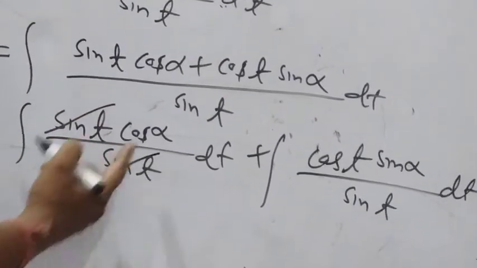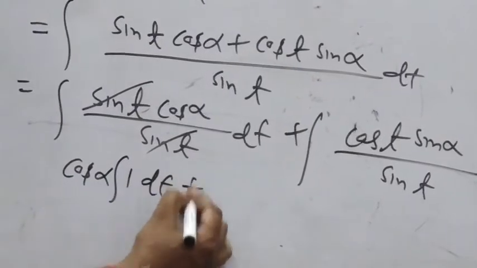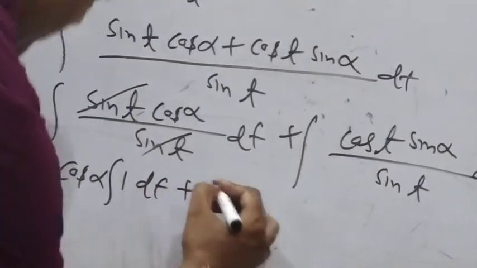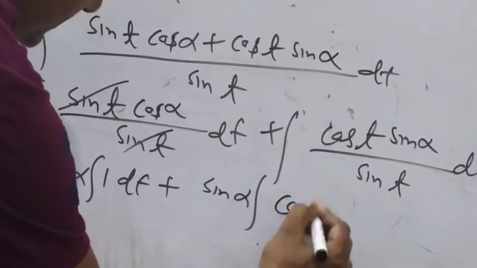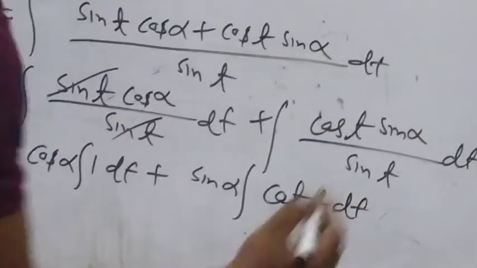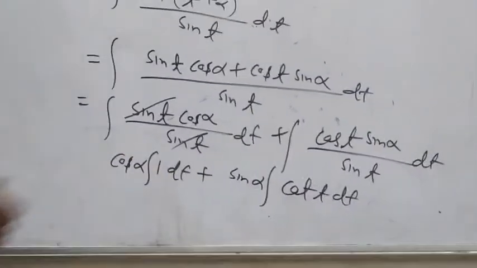Sin t cancels. Cos alpha is a constant, integral of 1 dt, plus sin alpha is a constant, cos by sin, that is cot t dt. Understood? Integration of 1 means what? t.